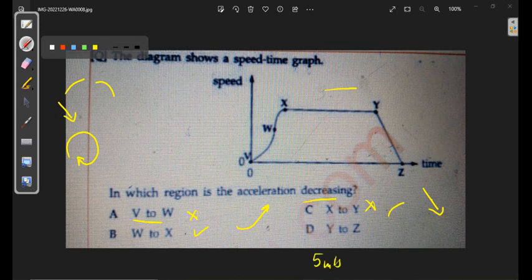But when you see a line like this, it means that when you are decelerating at maybe 5, you are going to start decelerating at 3, at 2, and then at 0. So the answer is B there.